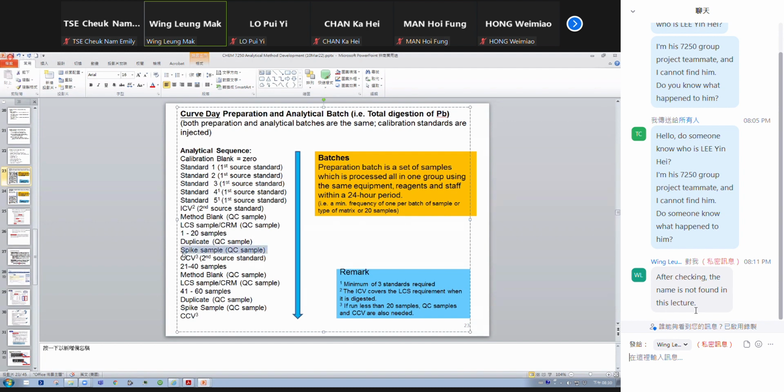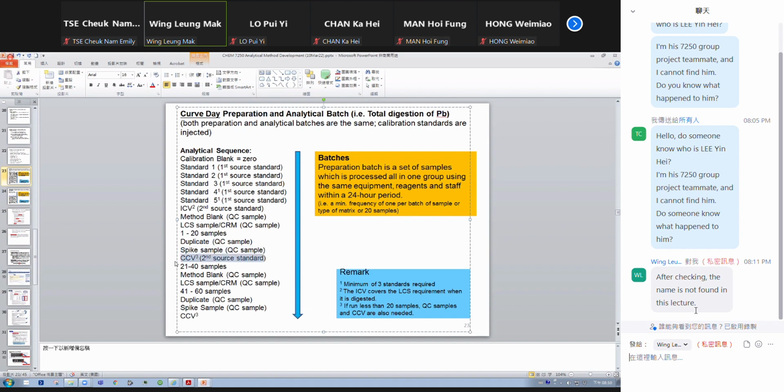Spike samples: you select, for example, the 10th of the samples and add a known concentration at the middle concentration to see whether the target analyte can show such an increment, and to check whether the matrix effect is insignificant in that matrix.